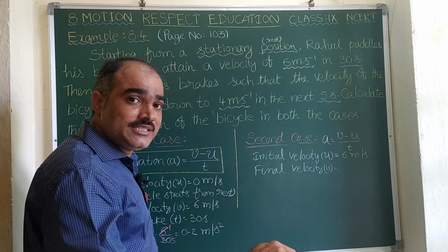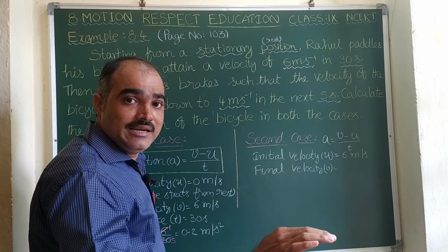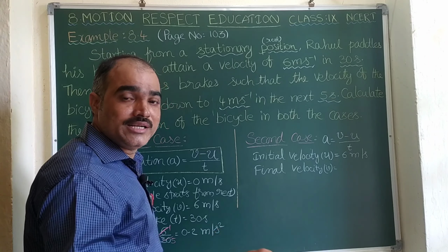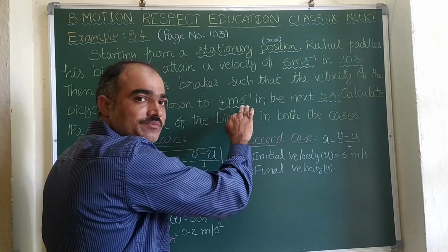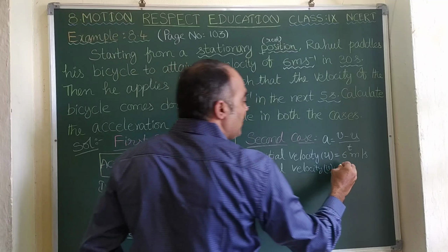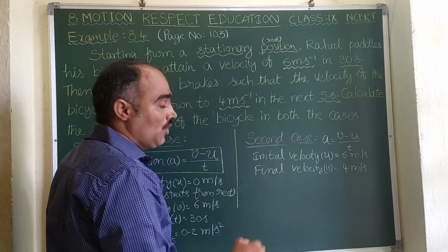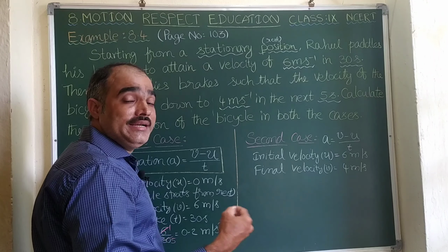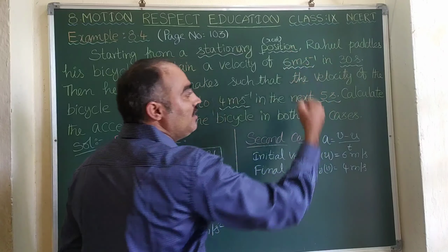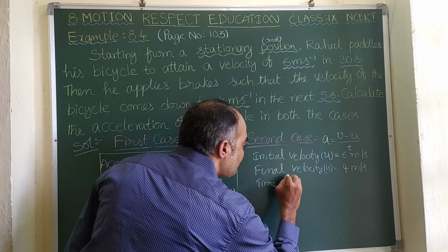If he comes to rest, then that will become 0. But here the bicycle is not brought to rest, only its speed is reduced. So it attained this speed now. That means 4 meter per second will be the final velocity here. Now, how long does he take to do this? It is done in 5 seconds. So that is the time taken. Time taken t is 5 seconds, right?